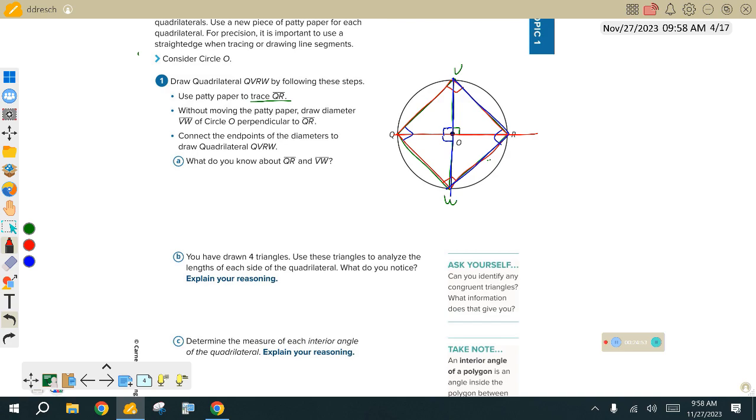So what that does for us is give me a triangle right here. Side, angle, side. Side, angle, side. I get a lot of side angle sides, don't I? These four triangles are all congruent by side, angle, side.